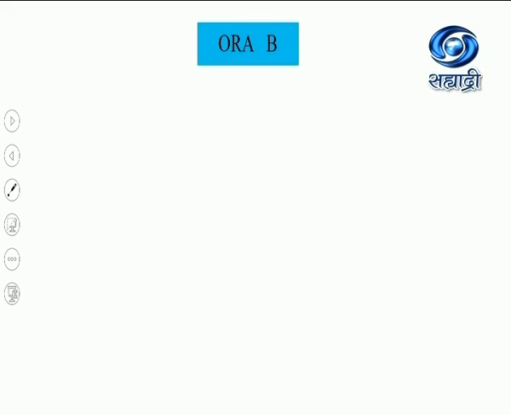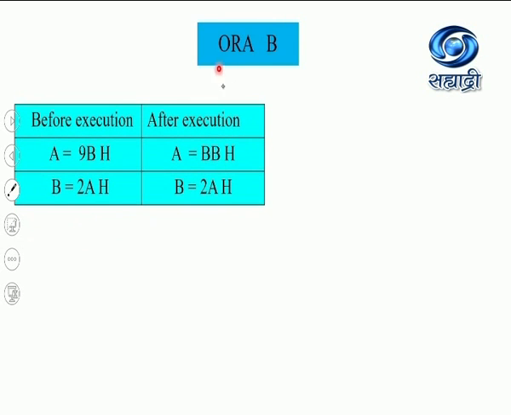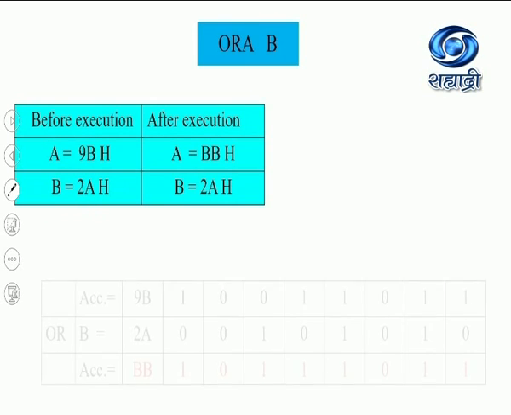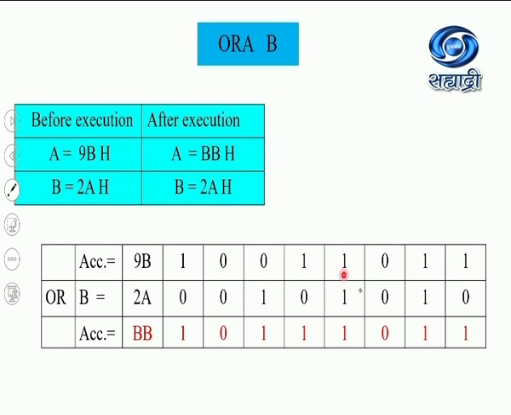For example, ORA B. So we are ORing contents of accumulator with that of register B. Suppose before execution, accumulator contains 9B, register B contains 2A. So here I have shown contents of accumulator, then contents of register B, 0010, that is 2, 1010, that is A.